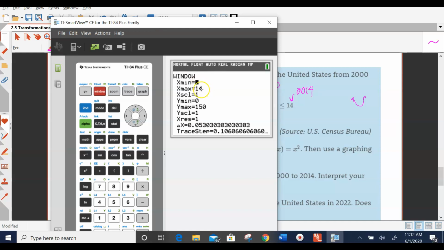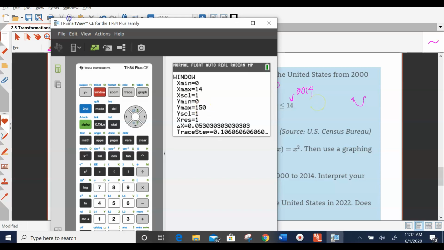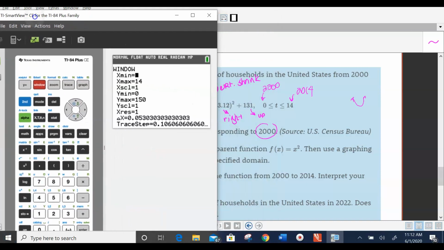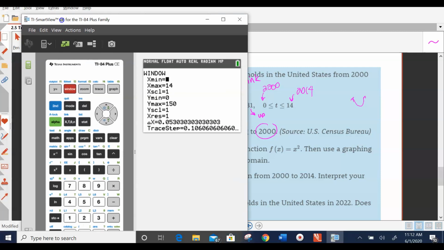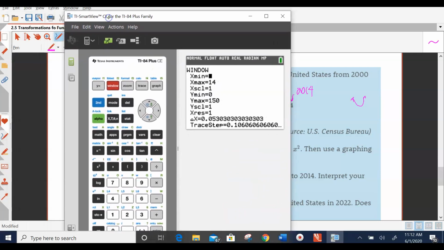I need to let my x-max be 14, that's 2014. Then for my y values, I'm going to start at 0 and stop at 150. I was going to stop it at 131 because that's where the graph shifts up to, but I just made it go a little bit higher than 131. So I'm going to graph it with that window.